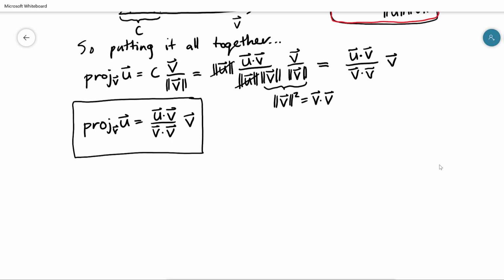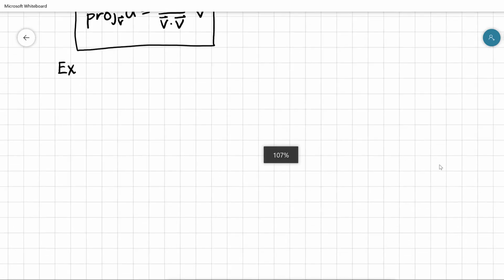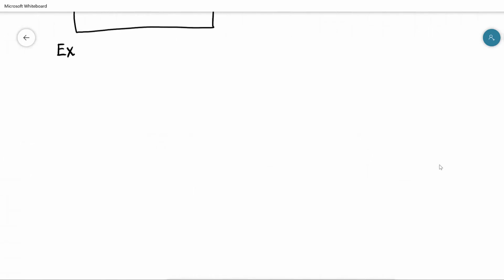Whew. Okay, let me do a quick example, and then maybe we can do one or two other examples of applications, and we can be done with this. I want to find the projection of u onto v where u is equal to the vector 7, negative 4, and v is equal to the vector 2, 1.